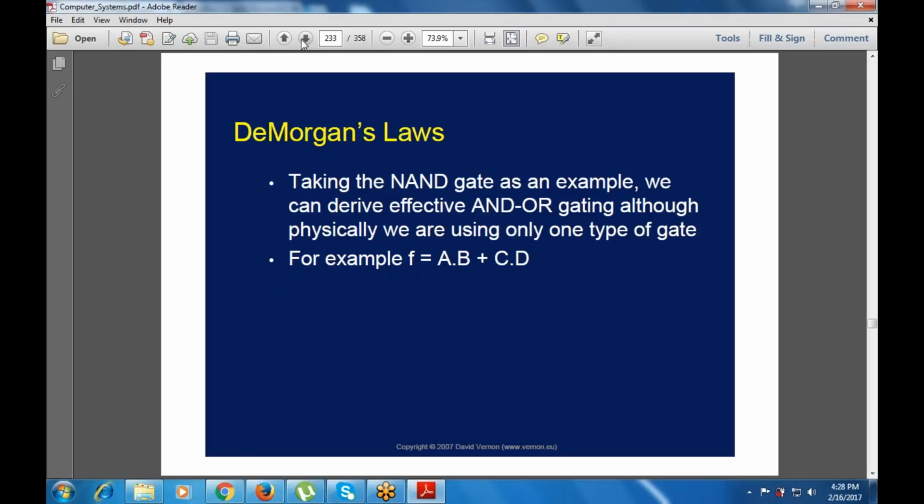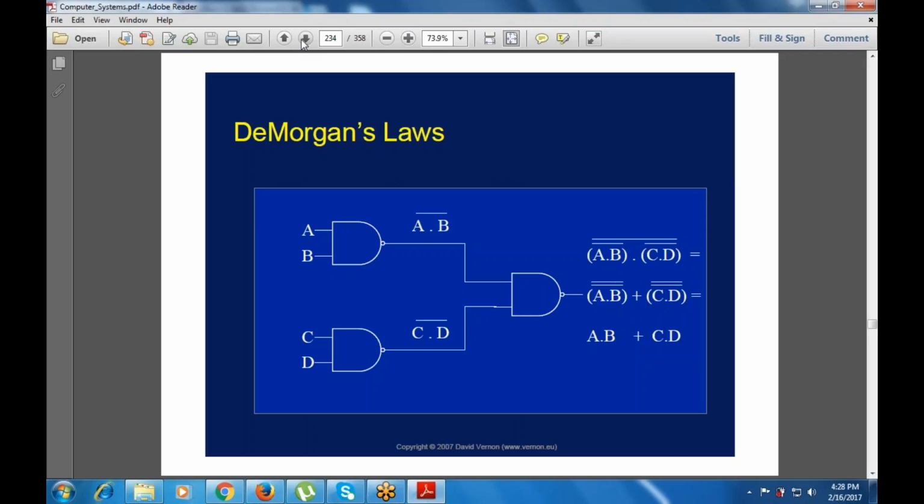And taking the NAND gate as an example, we can derive effective AND or OR gating, although physically we are using only one type of gate. For example, F equals A into B plus C into D, which is (A into B) whole complement, (C into D) whole complement.